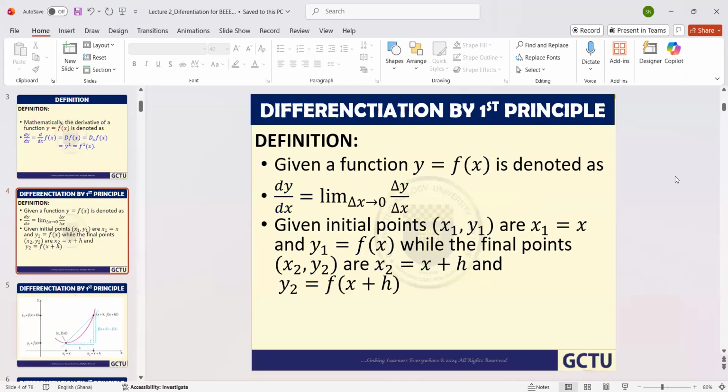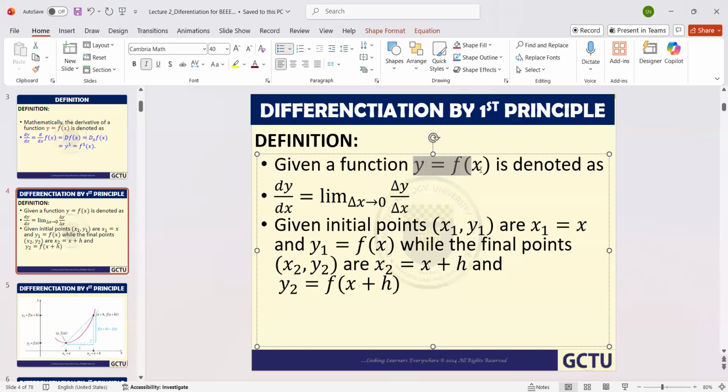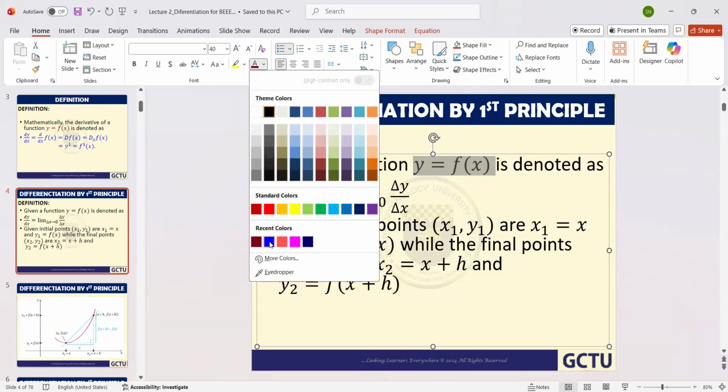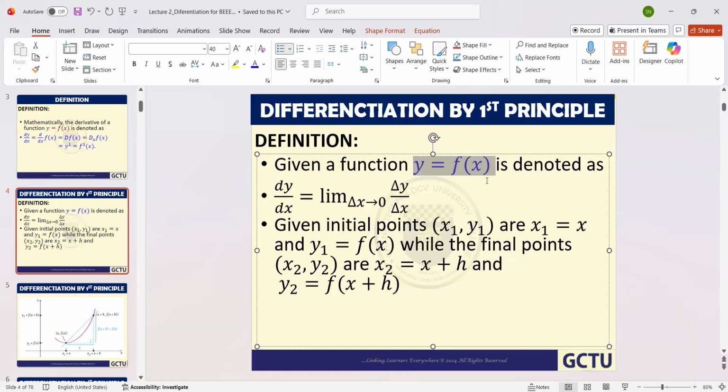Now, how do you do this using what we refer to as the first principle? Basically, first principle uses what we call the slope method or the gradient method, so we want to understand that concept.